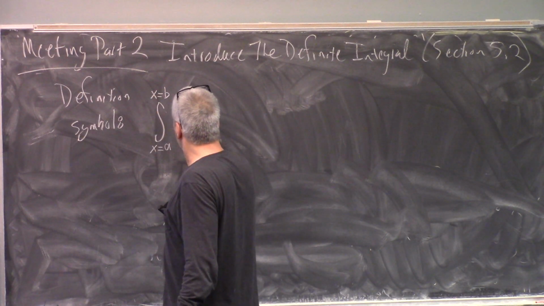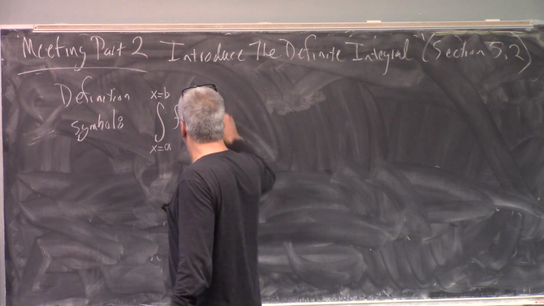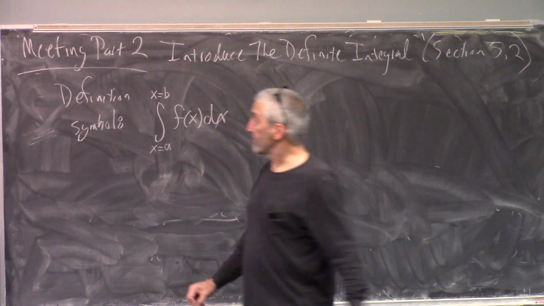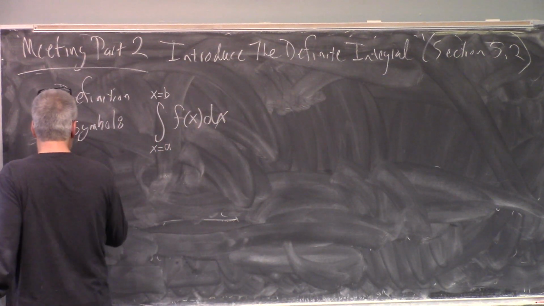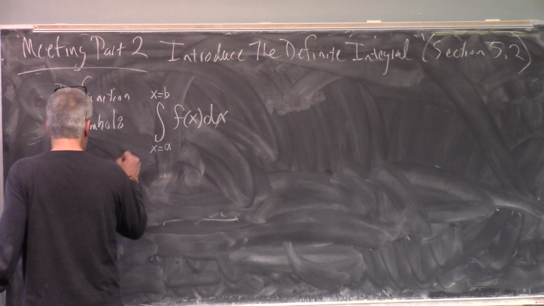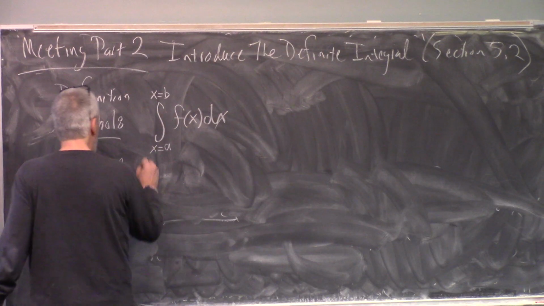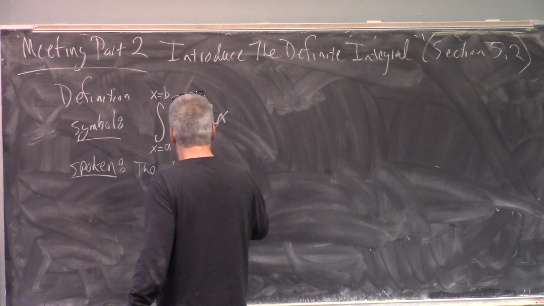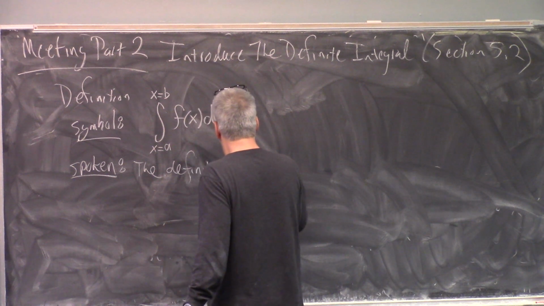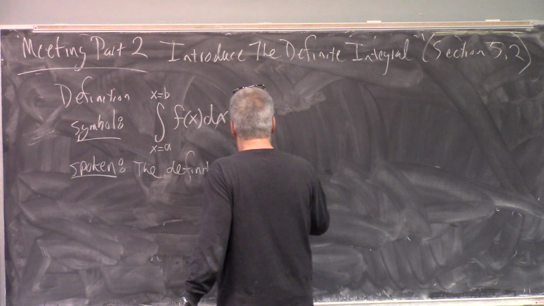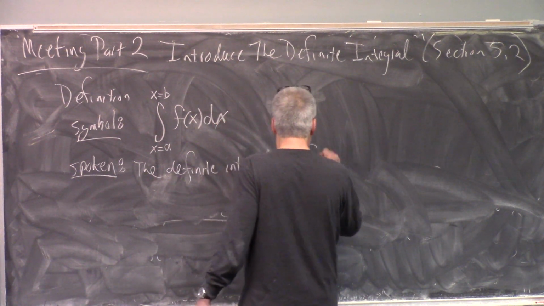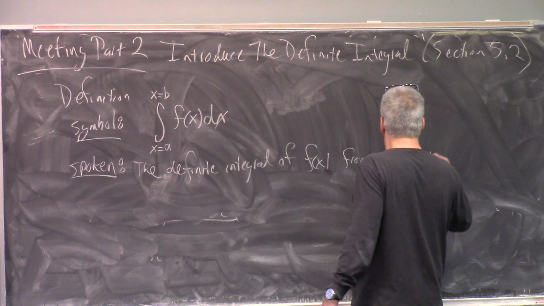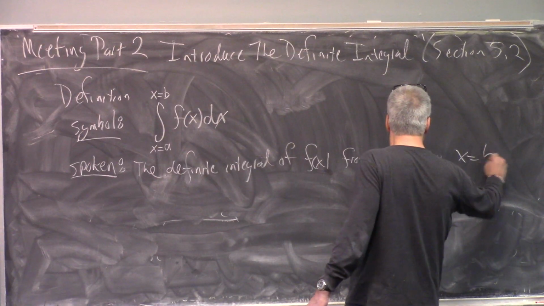And then to the right of it, you have f parentheses x, and then next to that is a dx. And this is spoken the definite integral of f of x from x equals a to x equals b.